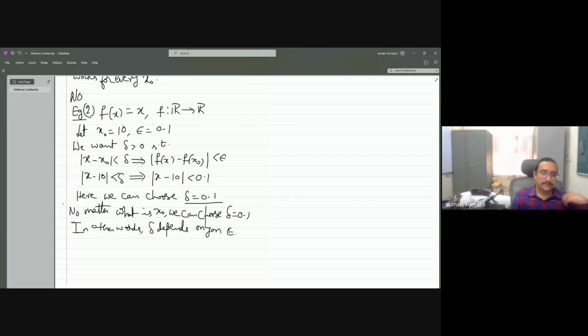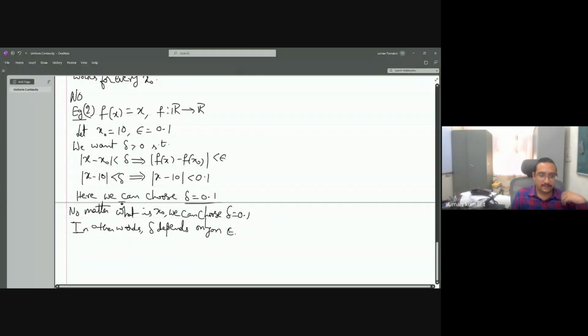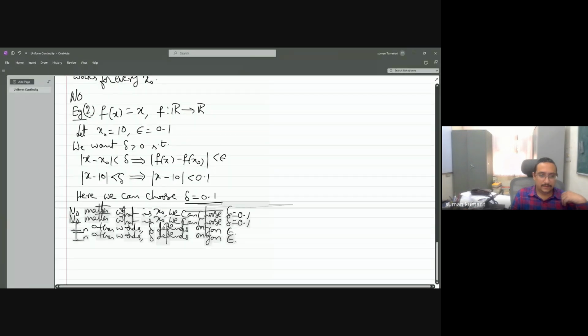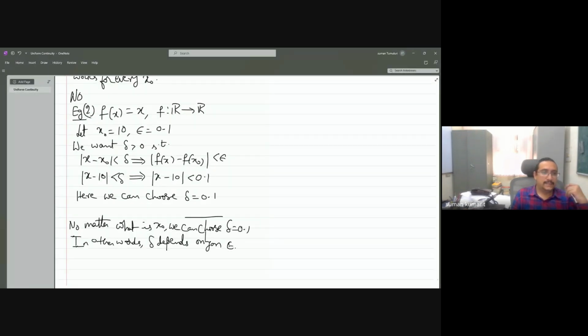So using the same argument, we can show that no matter what is x naught, we can choose delta equal to 1.